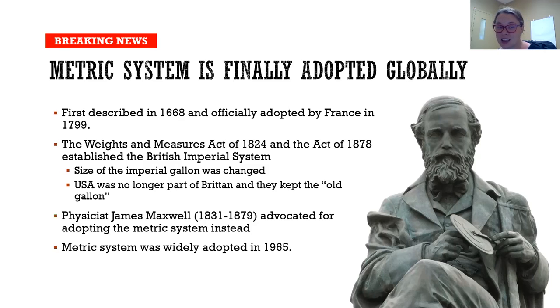So to this day, there is an imperial gallon and there's a US gallon. And there is a difference between the two. One's a little over 4 liters and the other one is 3.785 liters. So there's a little bit of variation between the two, but you multiply that variation out over the capacity of a plane to hold fuel, it's a very substantial difference.